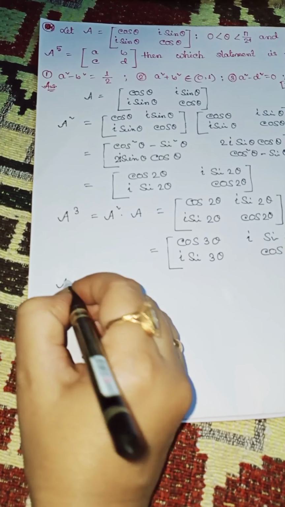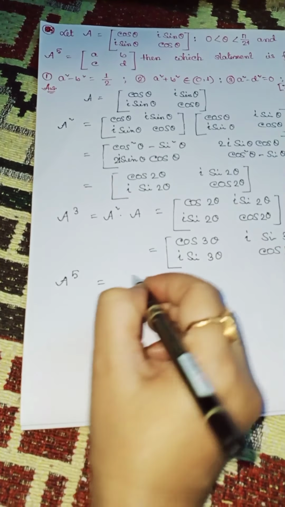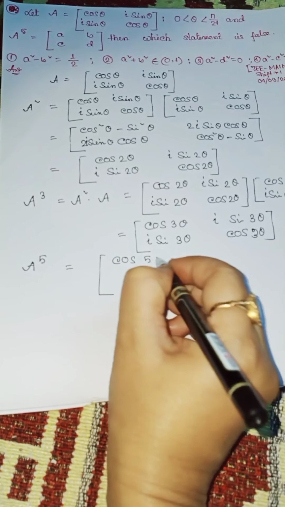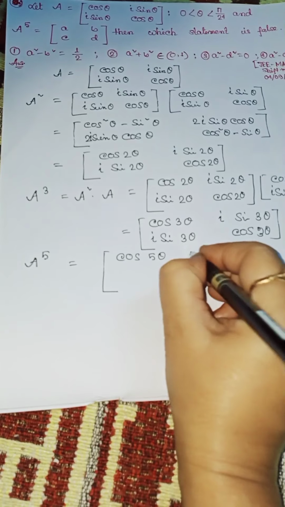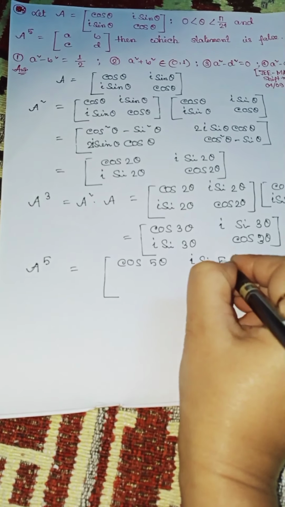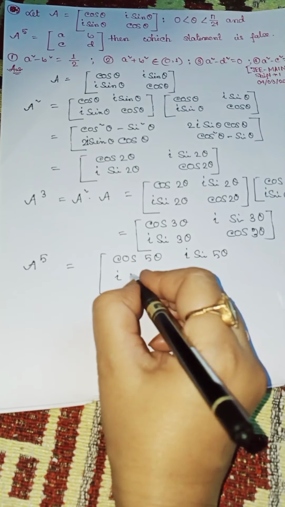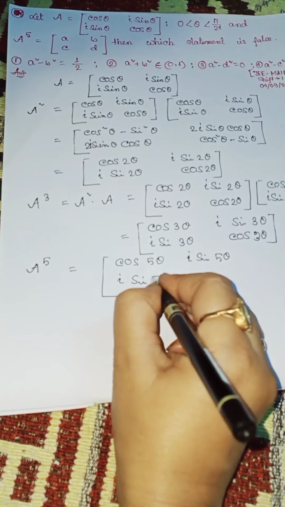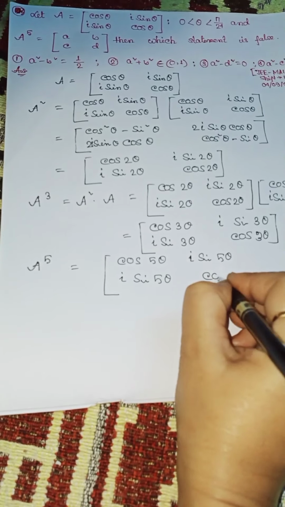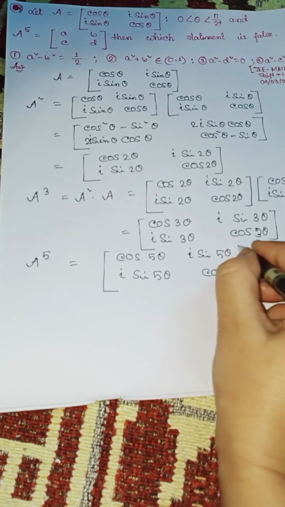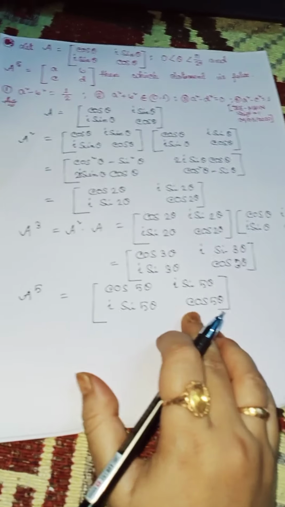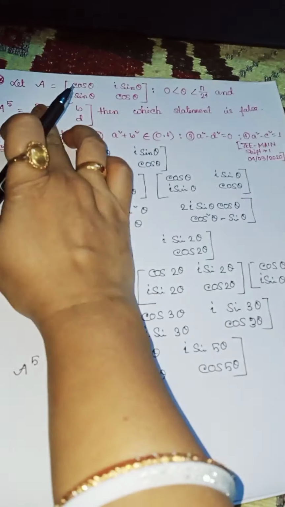Now A to the power 5 is equal to cos of 5 theta, i sin 5 theta, second row i sin 5 theta, cos of 5 theta, and it is given here that A to the power 5 is equal to a, b, c, d.